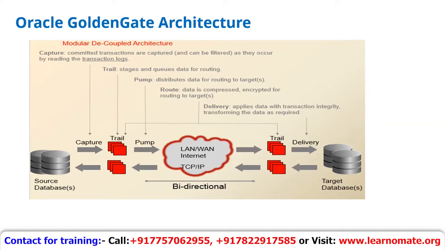The collector process is a background process which runs on the target database. What is the work of the collector process? The collector process collects the data which is being sent over the TCP/IP network by the data pump process, and helps in writing data to the remote trail. But the collector is a background process. Okay.